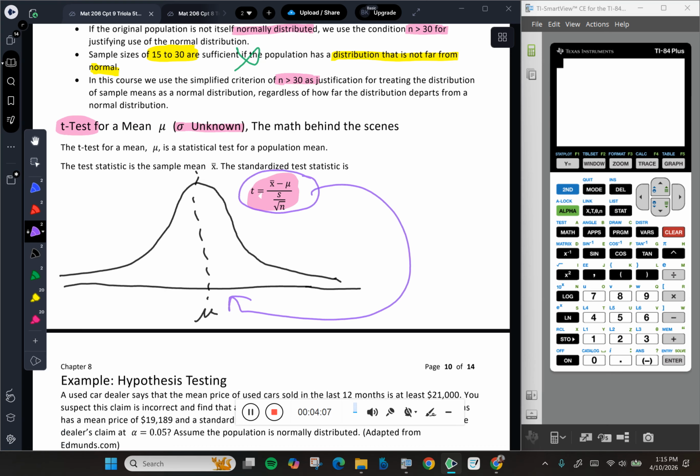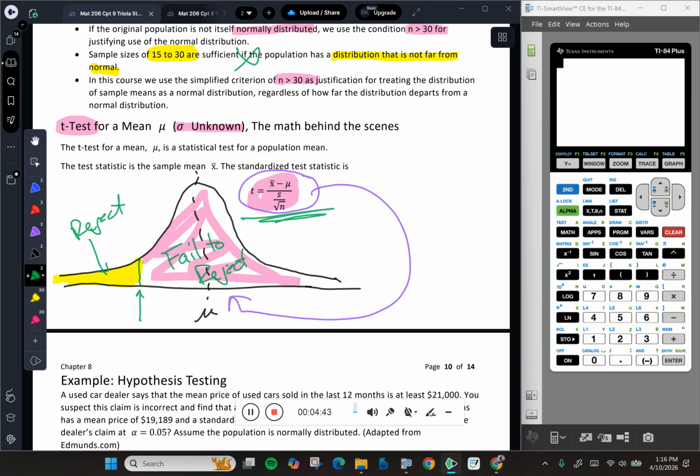If that t-score falls into the rejection region, we'll reject the null. If the t-score falls into the fail to reject region, we won't reject. So for example, if we were doing a left tail test, that would be our rejection region. This would be our fail to reject region. This would be the reject. That's our critical value.